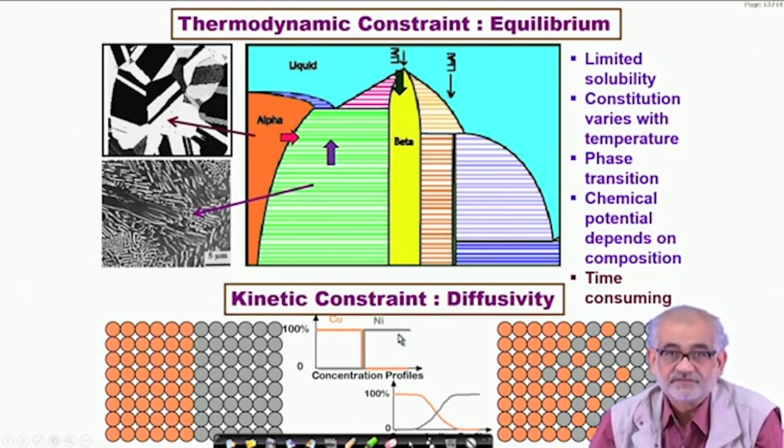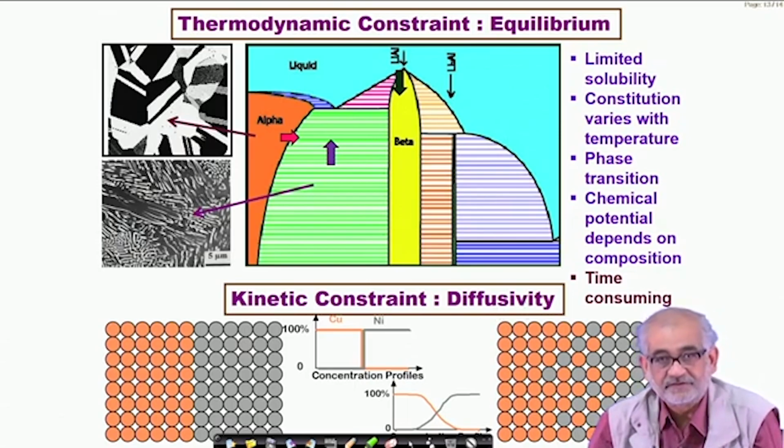There's another constraint we have to worry about when we talk of creating solids or obtaining solids of our desired shape and size, and that's the kinetic constraint based on the rate at which the species move or transport in the solid, or maybe even in the liquid, and that's typically explained in terms of the diffusion coefficient or diffusivity.